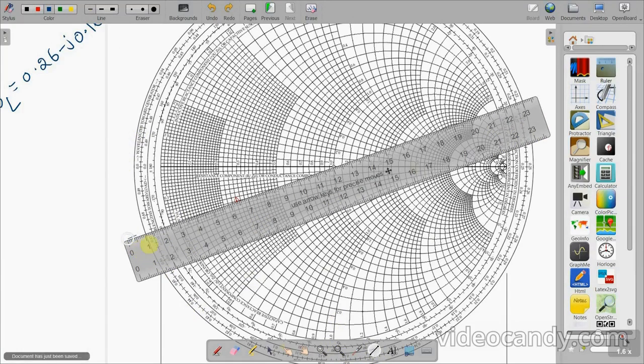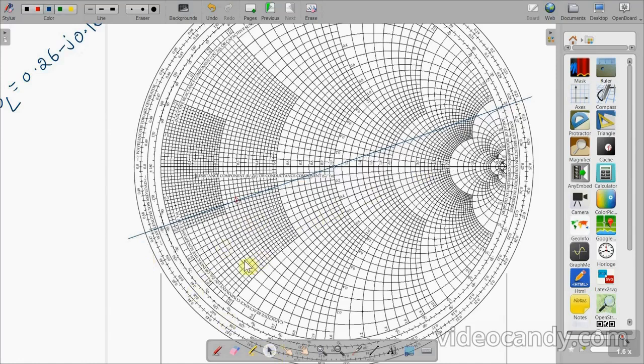Extend the line onto the other side, so that it crosses the complete Smith chart. Now indicate the load line with ZL and YL on the other side of the line.